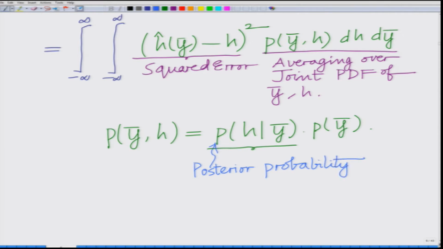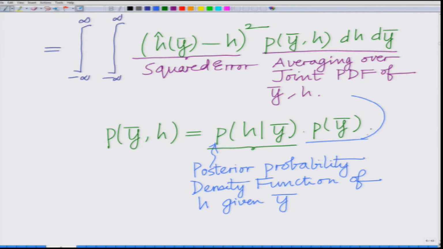Or the a posteriori probability density function of h given your observation vector y bar.